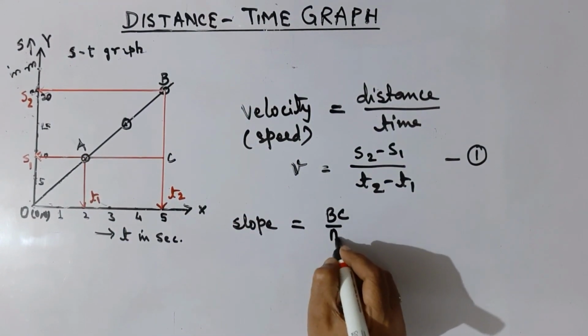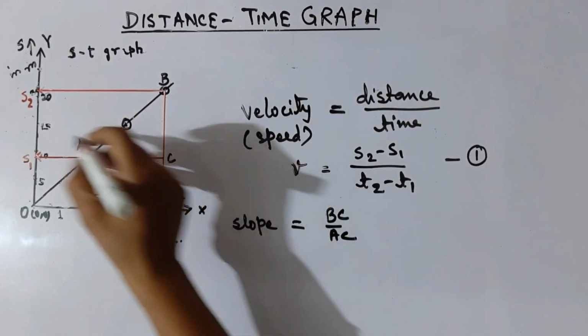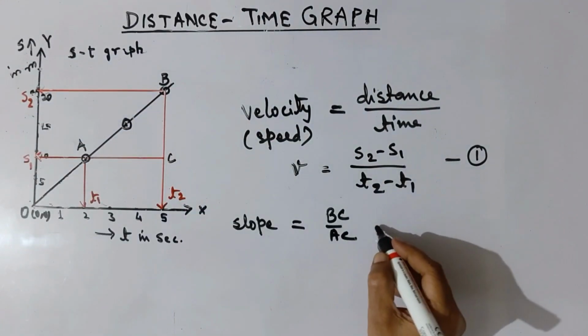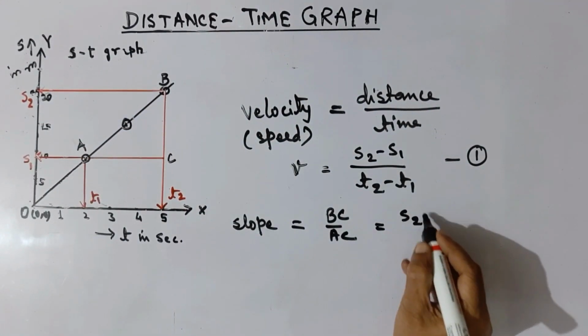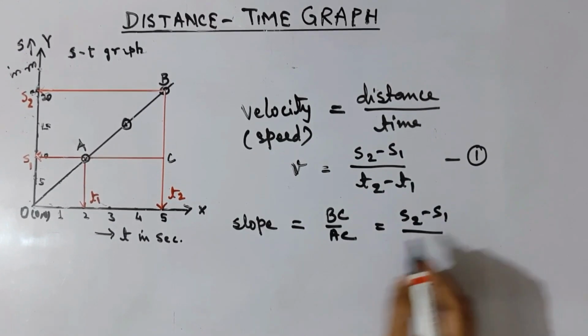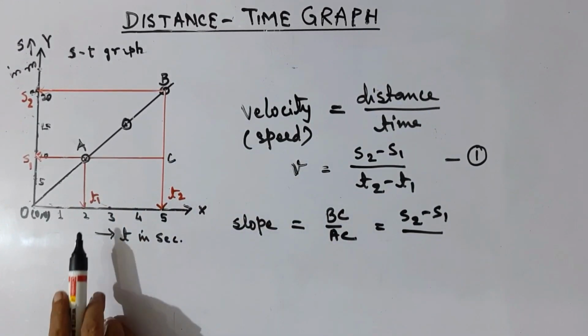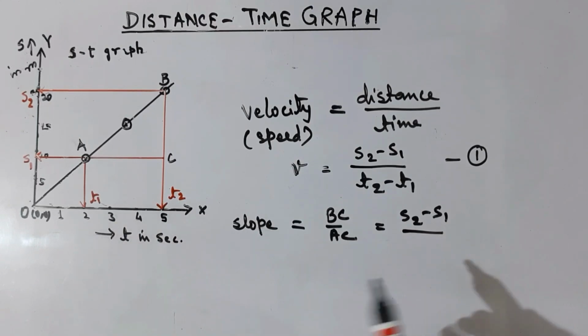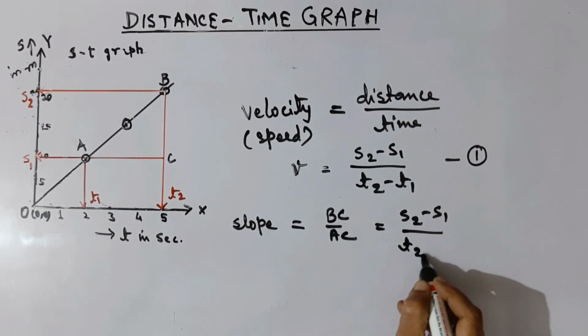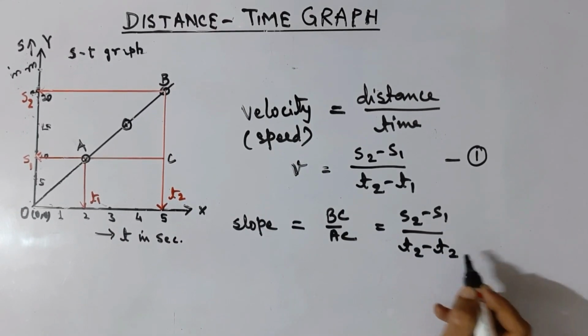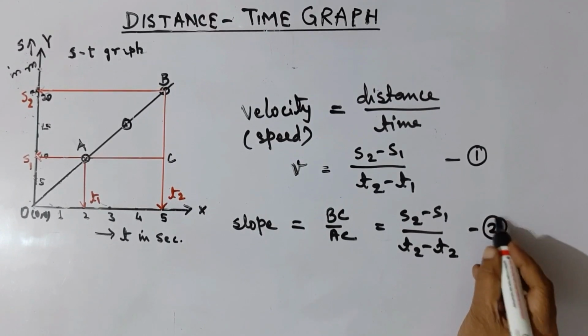But this BC is S2 minus S1 and AC is equal to T2 minus T1. Let us say this is our equation number 2.